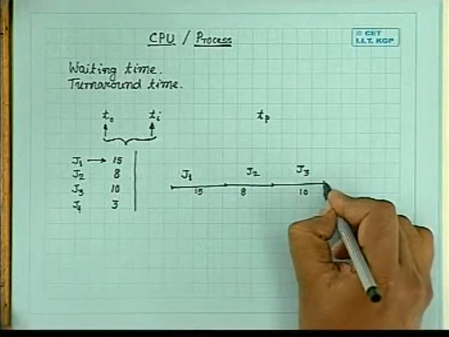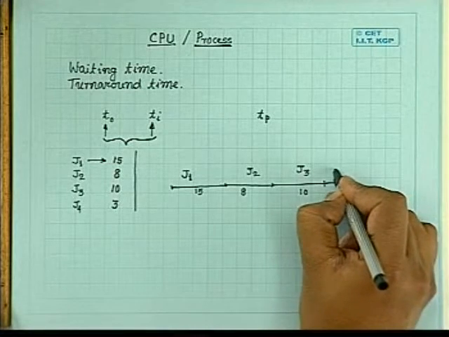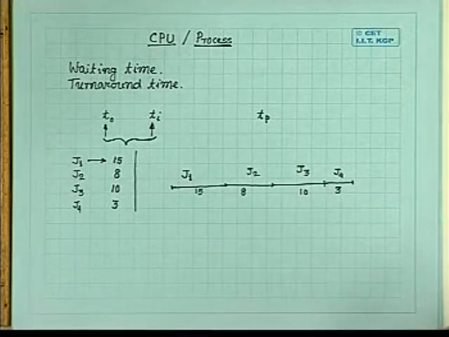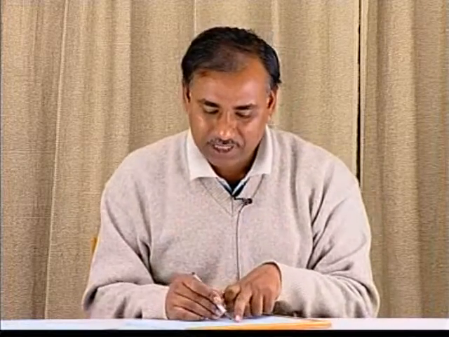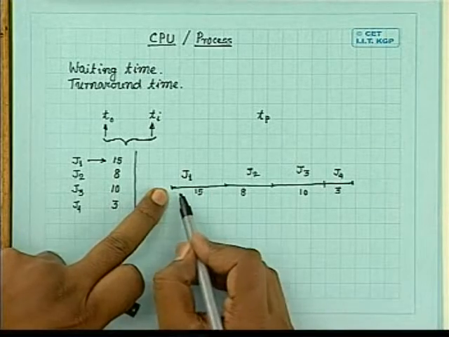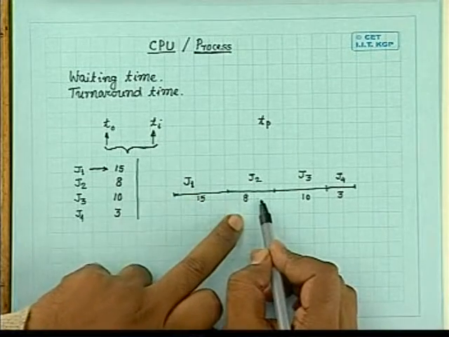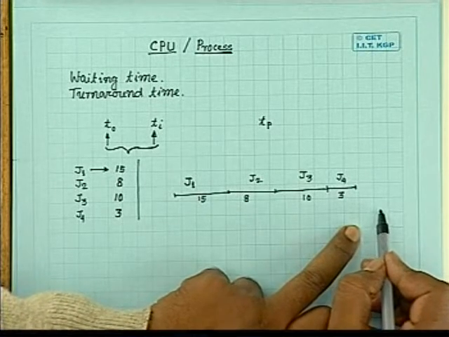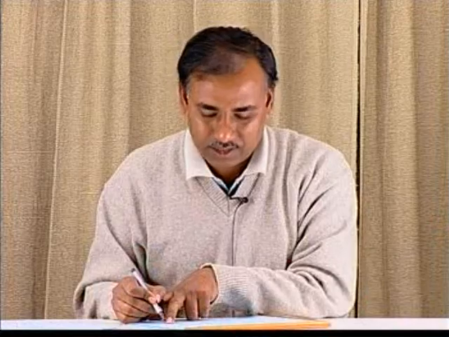Then I have to execute J4, which will take 3 units of execution time. Because I have a single CPU, I cannot execute more than one job simultaneously. That is, I cannot initiate J1, J2, J3, J4 at the same time. First J1 has to be executed, followed by J2, then J3, then J4. This will be my sequence of execution.